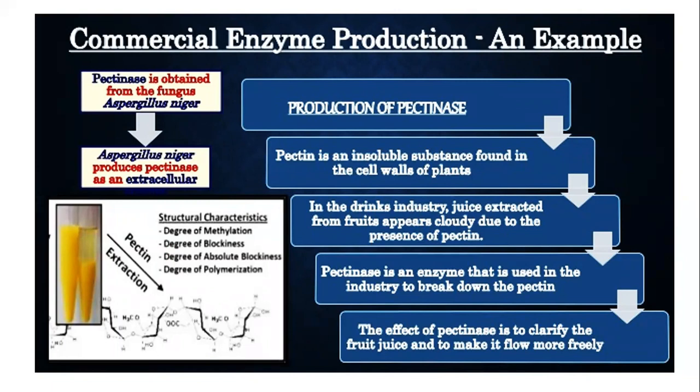In the drink industry, that is the brewery industry or juice industry, it is extracted from the fruit pulp or fruit peel, and the cloudy appearance is due to the presence of pectin. Pectinase is the enzyme that is used in the industry to break down the pectin. So the effect of pectinase is to clarify the fruit juice and to make it flow more freely.